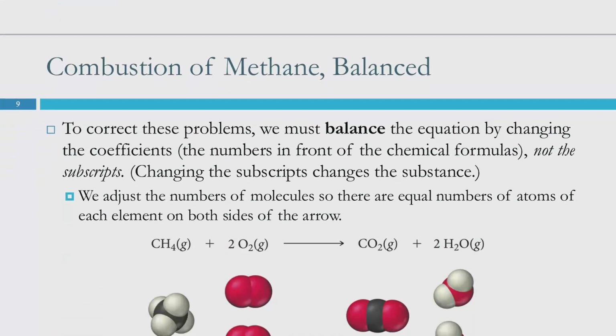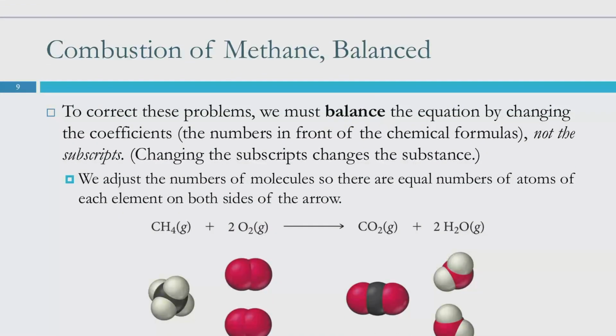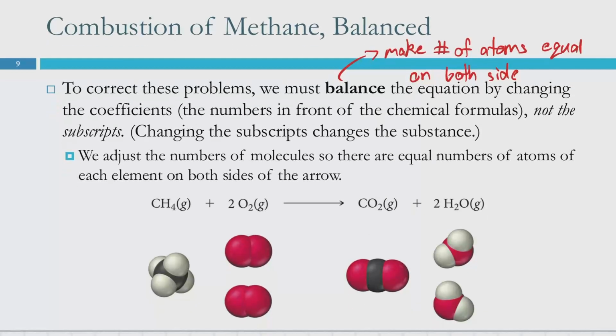So to fix those problems, we need to balance the equation. Balancing means make the number of atoms equal on both sides. Not the total number of atoms, although that will also be the same, but talking about specifically each of the elements.